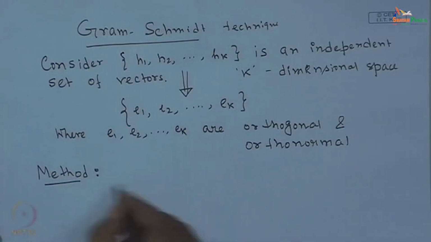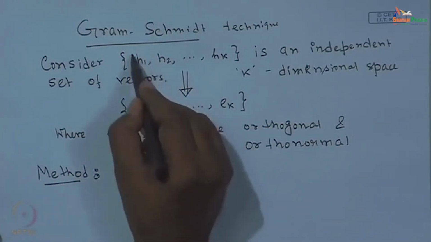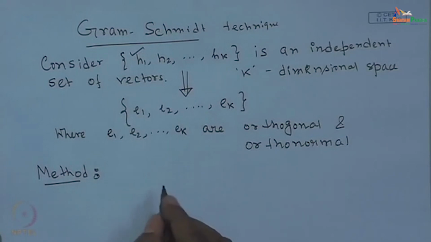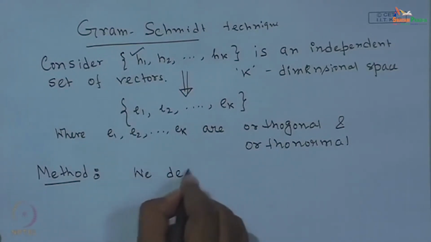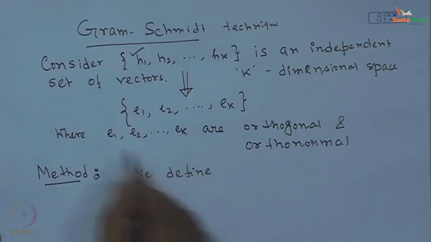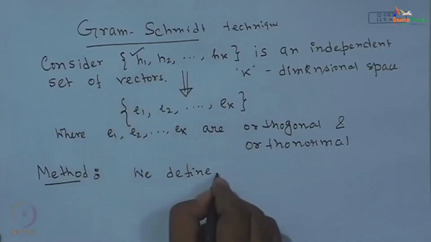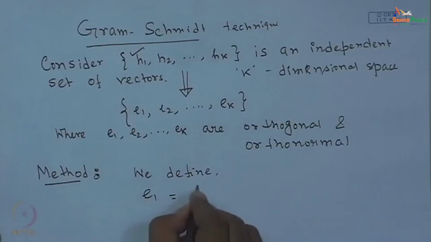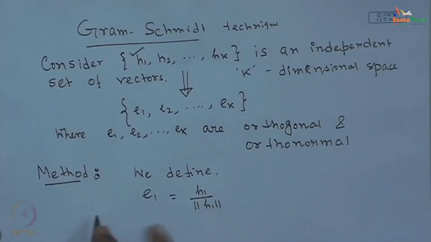So, we start with the first vector H1. So, we define E1 from this vector itself such that E1 is H1 divided by norm of H1. So, if you look into the definition of this vector E1, we can take the norm of this equation.